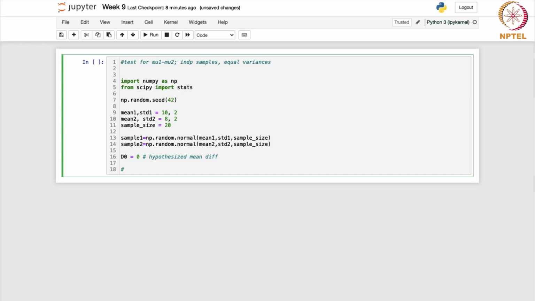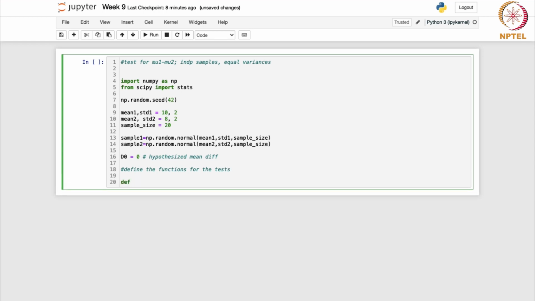So now let us define the function for the test. For this we write def, which is used for defining a function. This is the name of the function, right-tailed underscore test, and these are the inputs: sample1, sample2, d0, and alpha as 0.05.